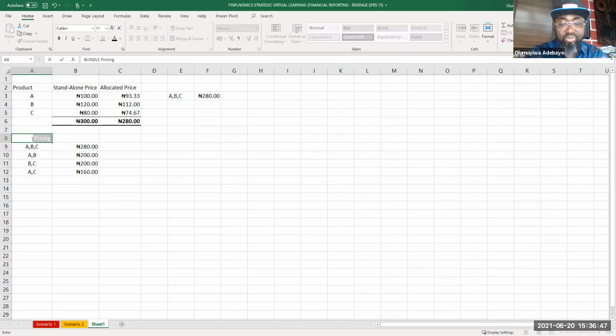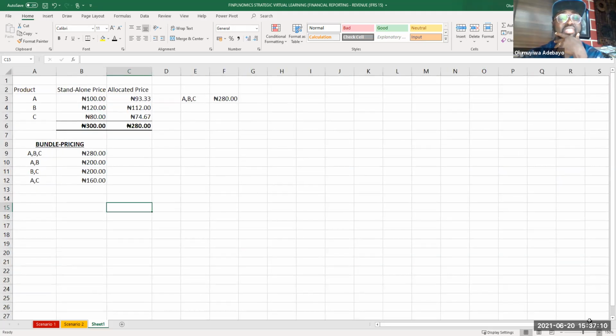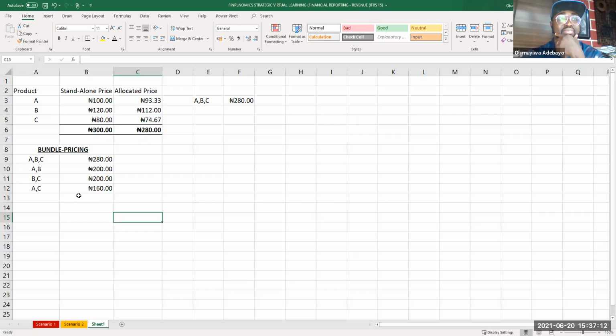The bundle pricing is this. Now, can you observe a pattern in what I've shown here? Who can tell me? If you have this information now, it nullifies this.